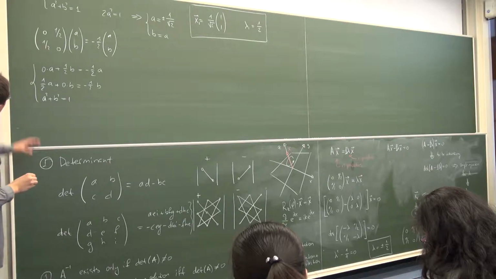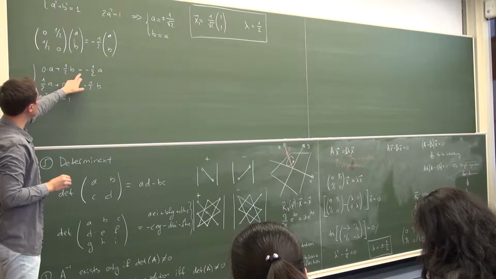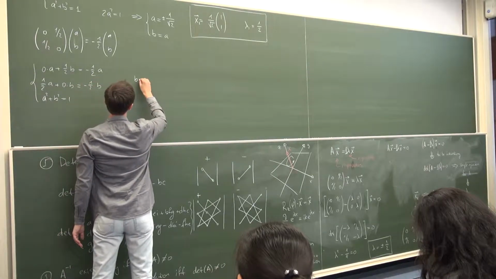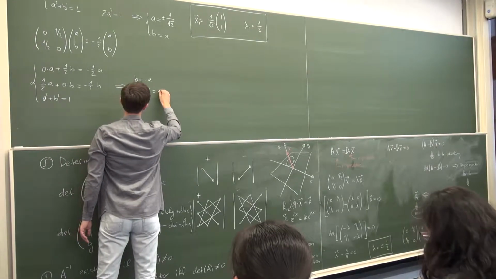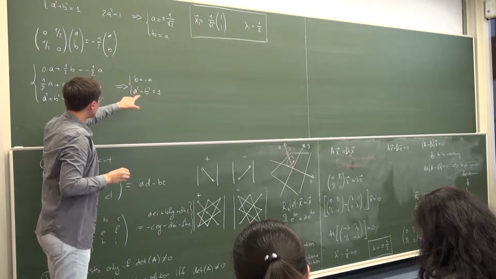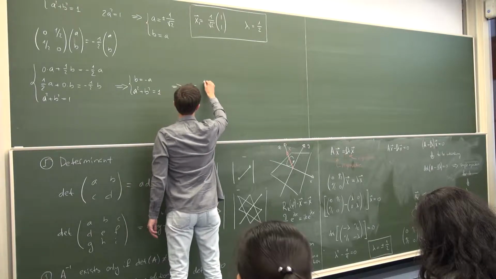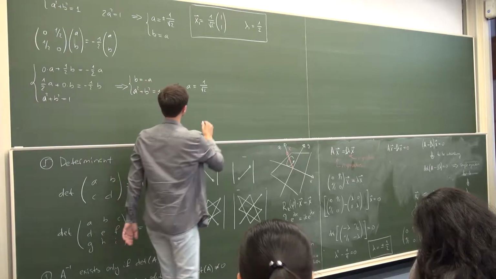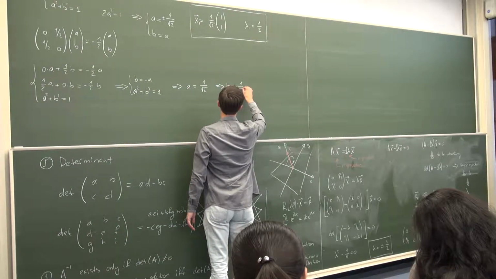Just as before, the first equation is exactly the same as the second one, except now B is equal to minus A. Substitute it into there. A equals 1 over root 2, taking the positive direction, and therefore B is minus 1 over root 2.